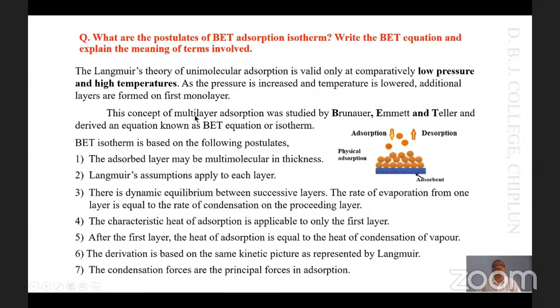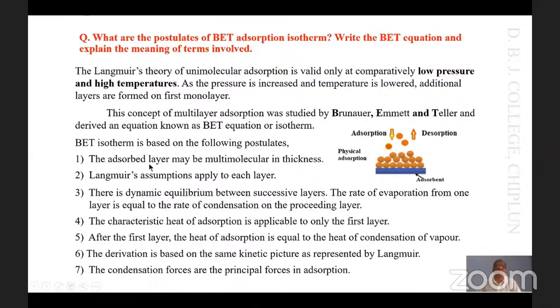The concept of multilayer adsorption was studied by Brunauer, Emmett and Teller, who derived an equation known as the BET equation or isotherm. BET isotherm is based on the following postulates.